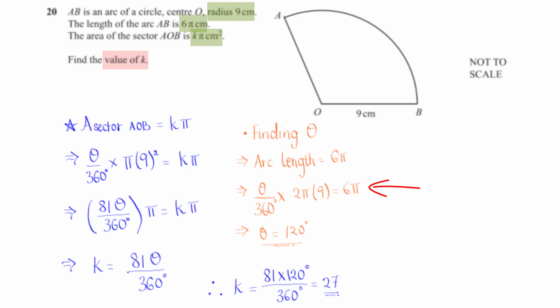So this will allow us to find the value of theta, which we now get as 120 degrees. So we can now come back to the value of k, slot in the value of theta that we have found, and we get the value of k to be 27.